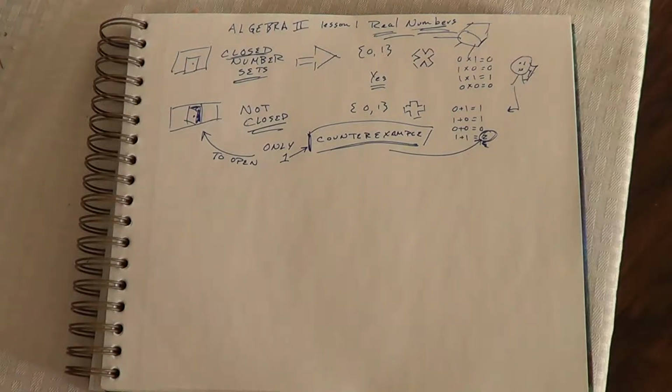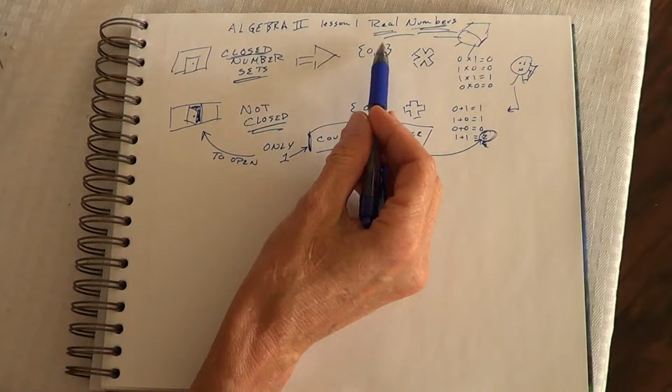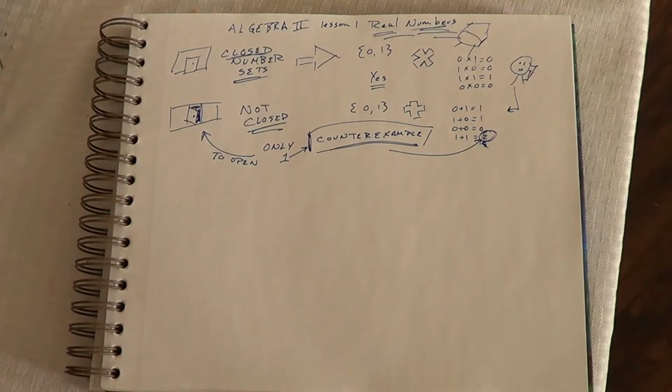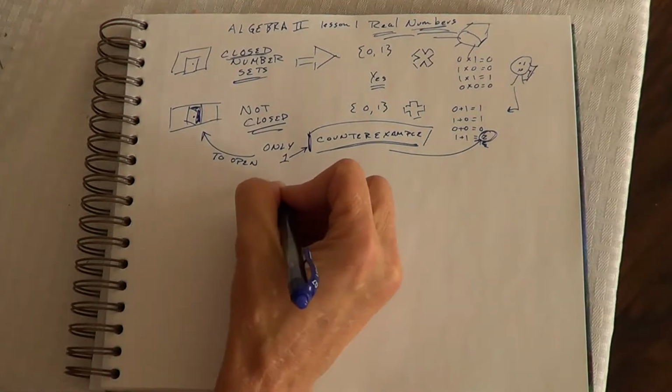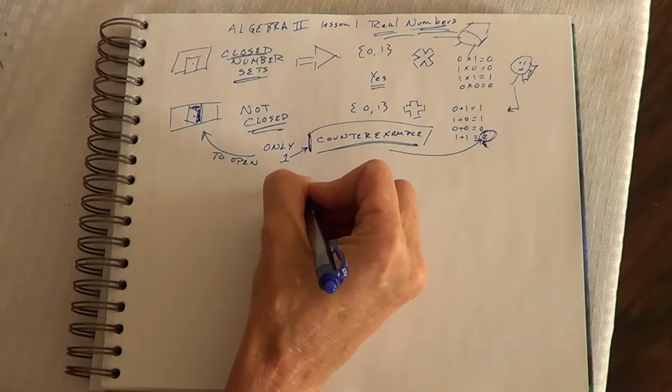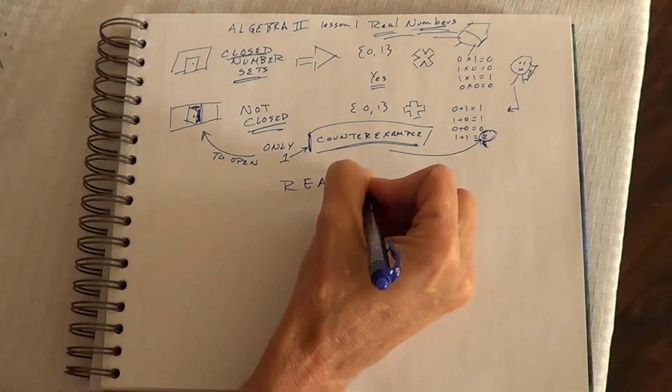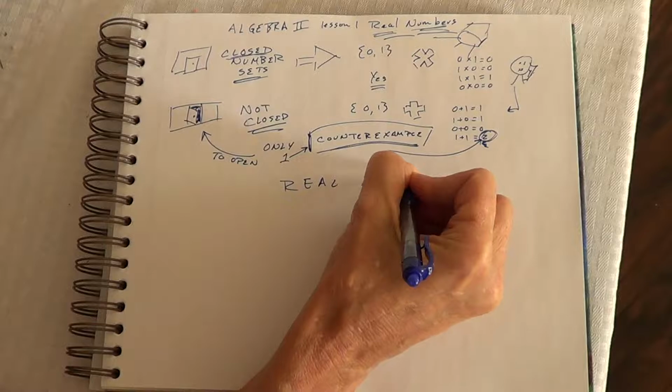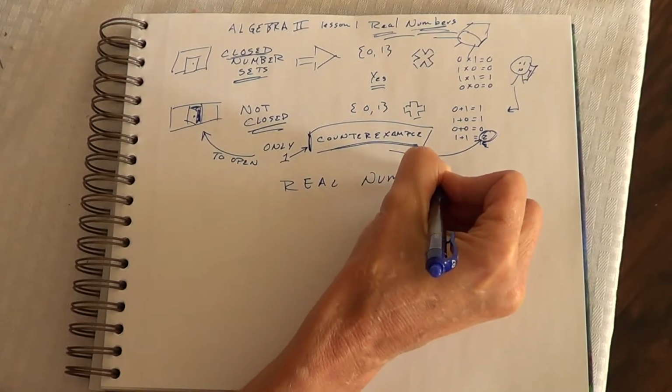Okay? So it's not that I'm going to give you sets that are so restrictive to only be 2 numbers. We're actually in class going to talk about all real numbers. These are all the numbers that you've dealt with.